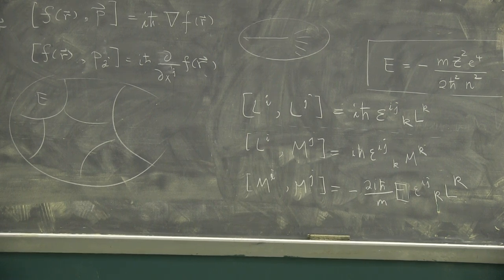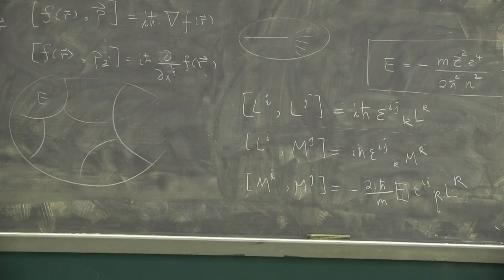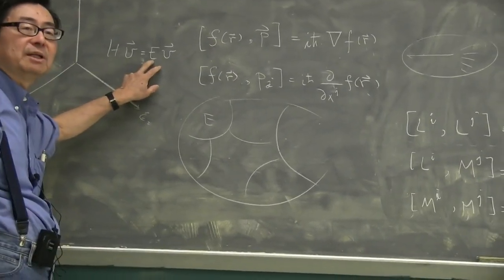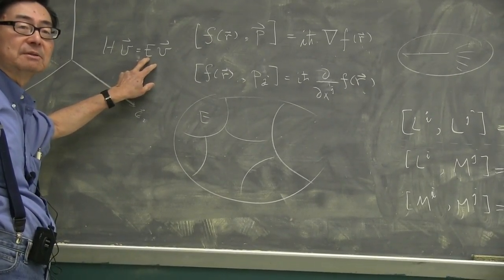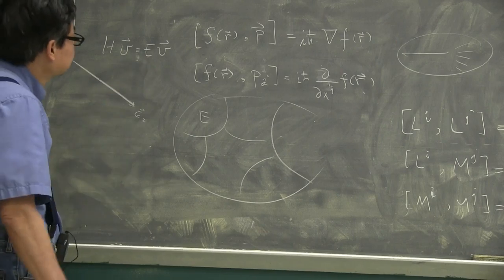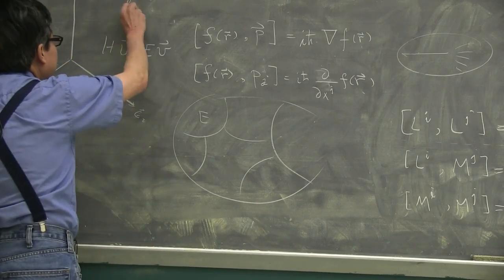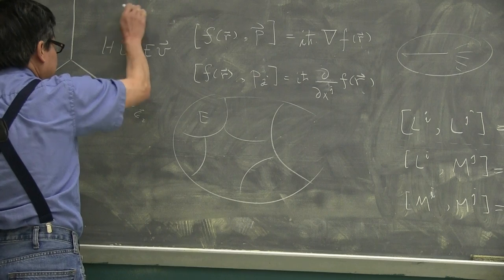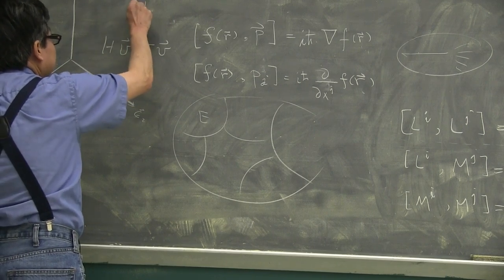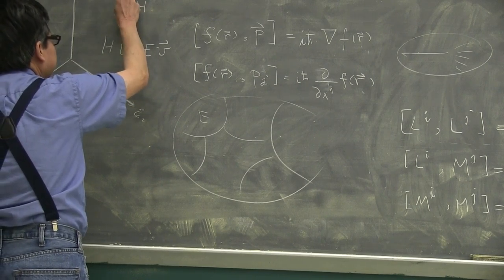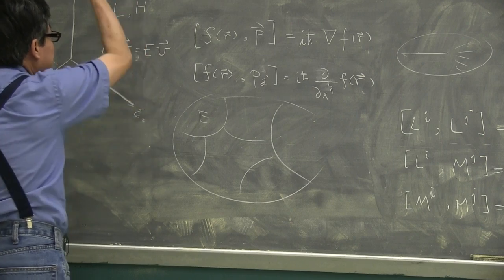Then everywhere I see an H operator, basically I can write it by E. Why is that? Because you know that H commutes with all the relevant operators, right? So let me think in terms of two operators, H and L, let's say. Two operators.